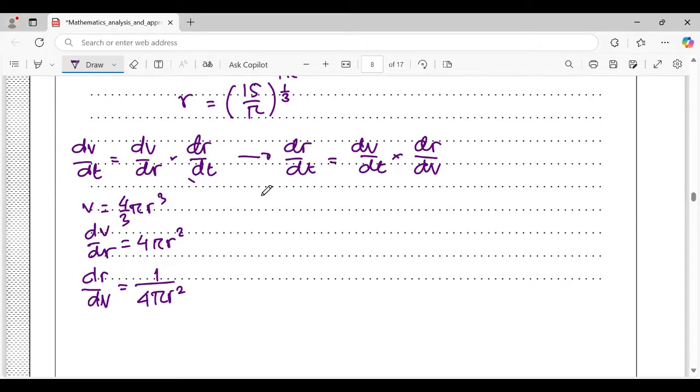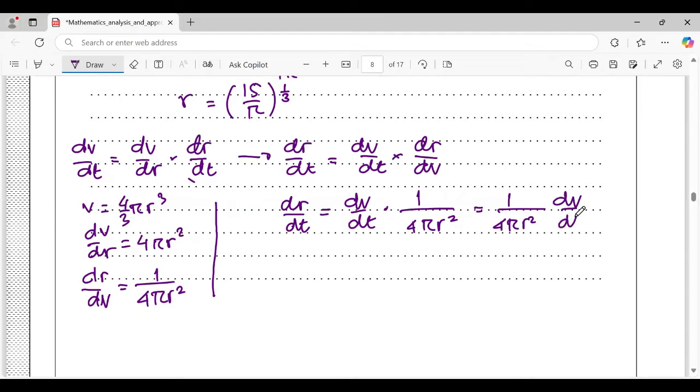So it means dr/dt can be written as dV/dt times dr/dV, this one over 4π r squared, or 1 over 4π r squared times dV/dt.